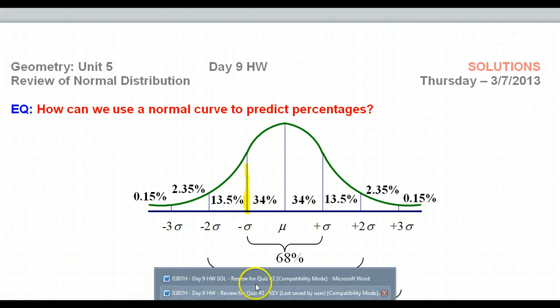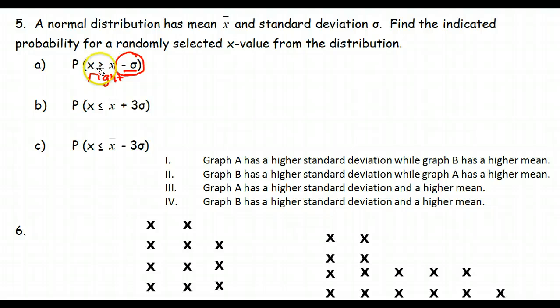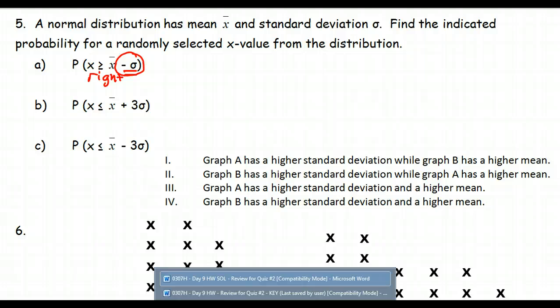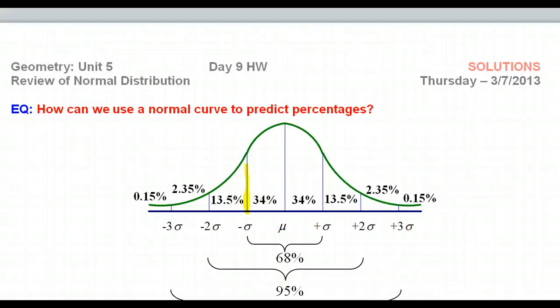But because it says greater than or equal to, that means we're going to go to the right of that. So they're asking, what's the probability of being in this interval, to the right of -1 standard deviation? And again, if we start off with this part right here, I think we can all agree that from here over is 50%.